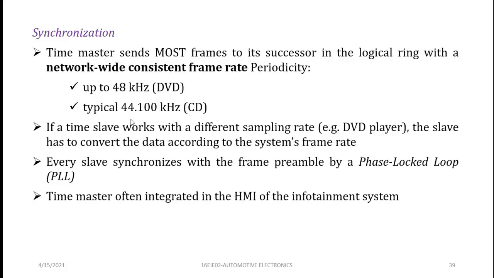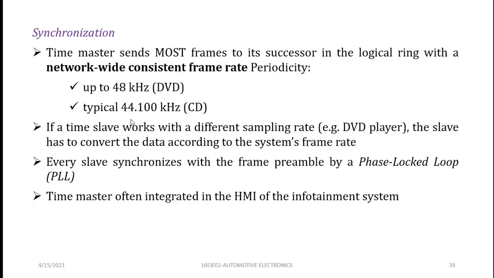When you are changing the source to CD, automatically CD used to take the control. So based upon what we need, automatically what happens? The slave works with a different sampling rate, and the slave has to convert the data according to the system frame rate. So based on the frame rate, automatically the changeover takes place.